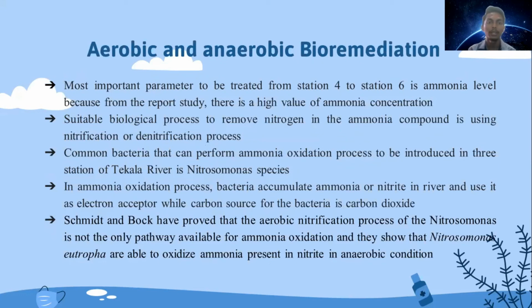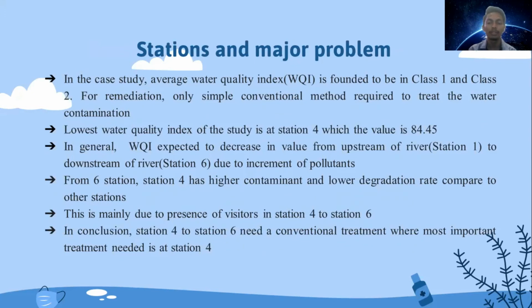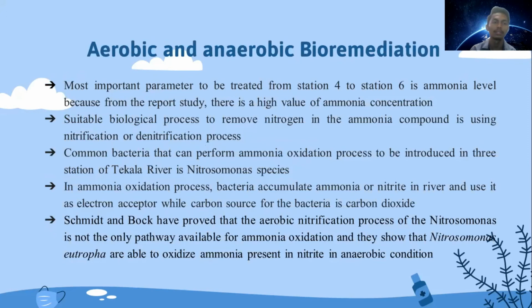For the aerobic and anaerobic bioremediation method that is suitable for this problem, the most important parameter to be treated from station 4 to station 6 is the ammonia level, because from the report study, there is a high value of ammonia concentration from station 4 to station 6.